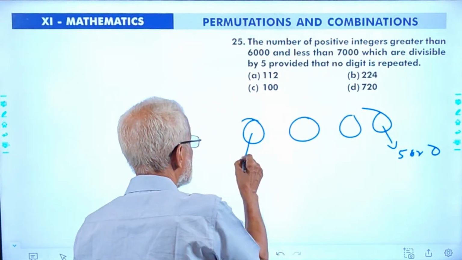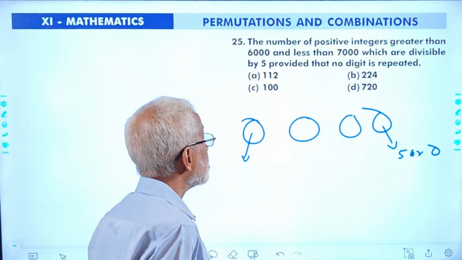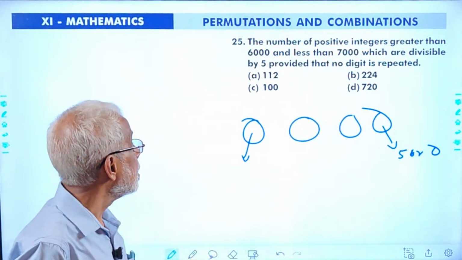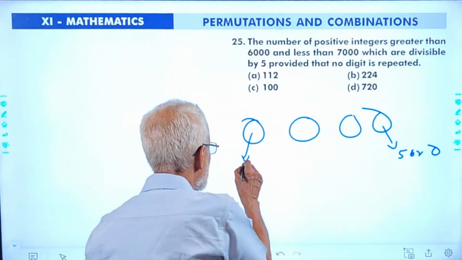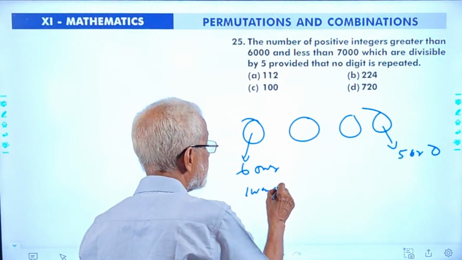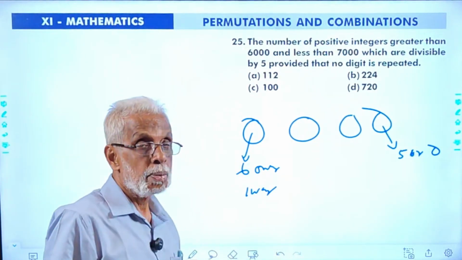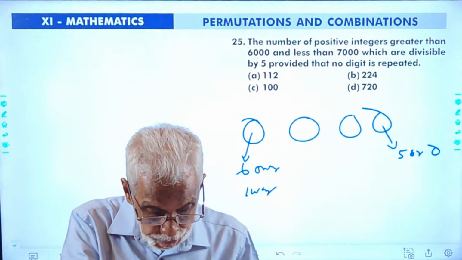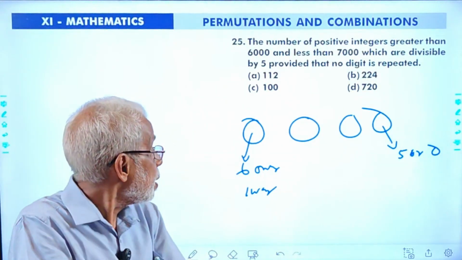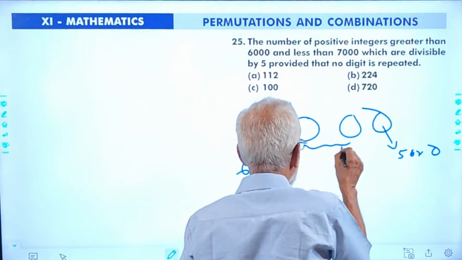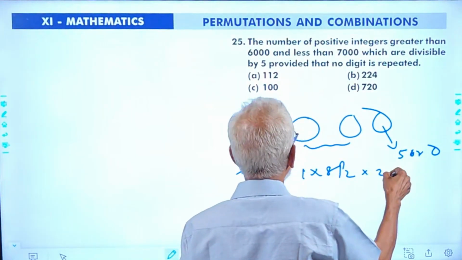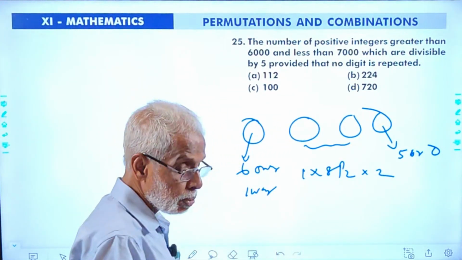And the first place, since the number lies between 6,000 and 7,000, should be filled with 6 only. That is in one way. Total number of ways: 1 into 8P2 into 2 ways. The correct answer is 112.